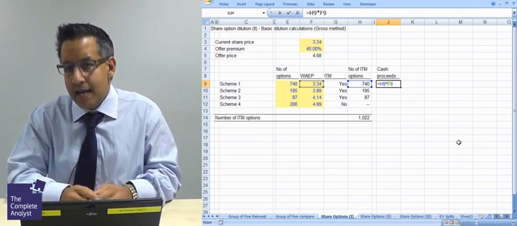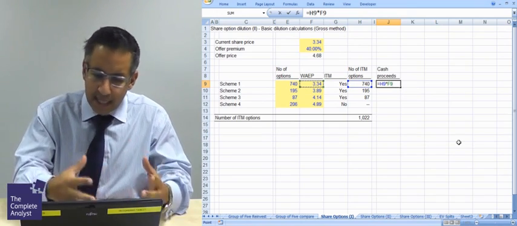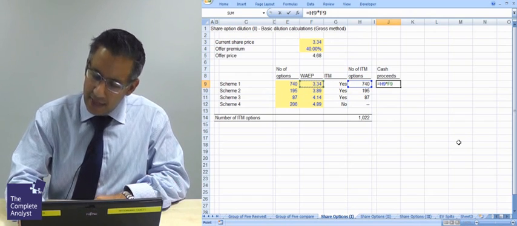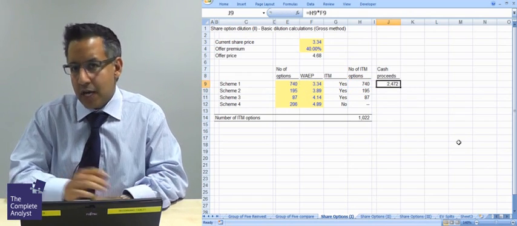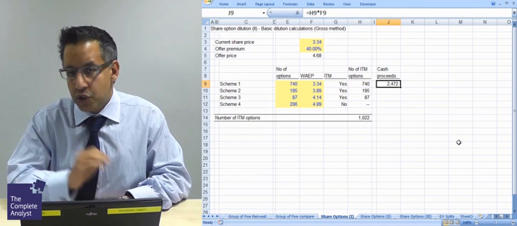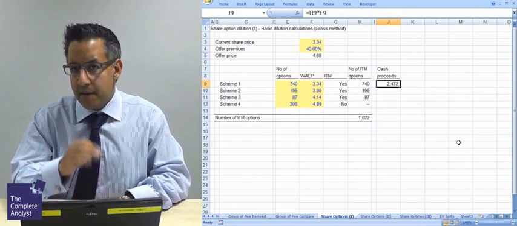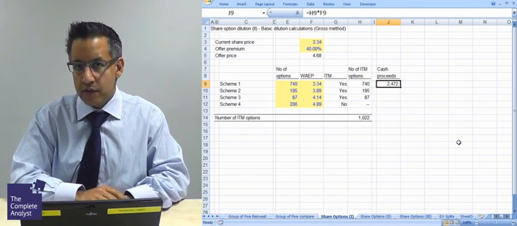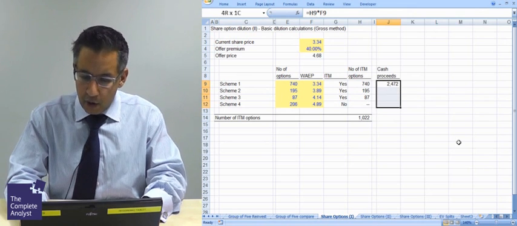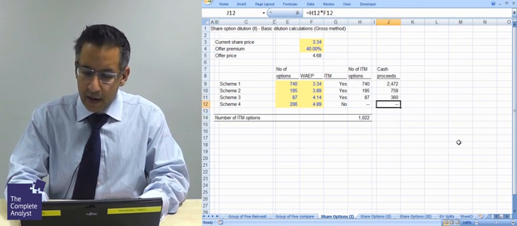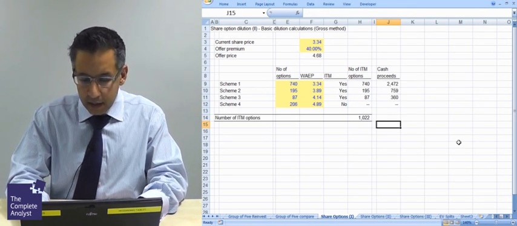And it's going to have to pay the exercise price. We've got a weighted average exercise price here, and that is giving me an estimate of how much cash I'm going to get in from those share option holders. They're going to pay me $2,472. Copy that down.